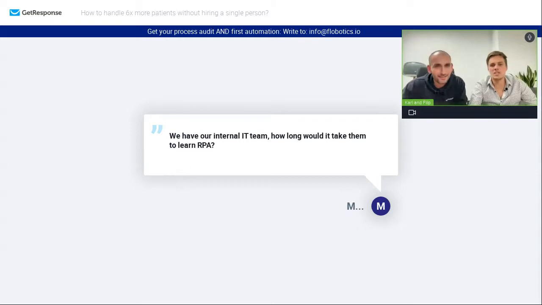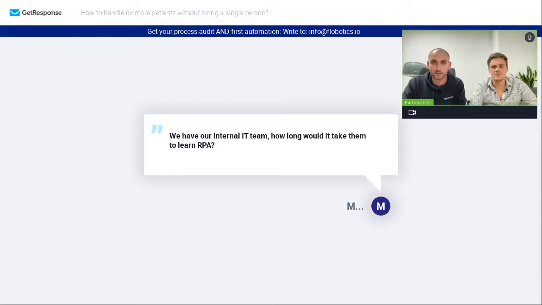What if we have our internal IT team? How long would it take them to learn RPA? Oh, this is another very good question, Mike. How would you address that, Karl? It depends on the person, but generally very technical IT people are the ones who can be very good at RPA, depending on their passion and how much they like RPA.